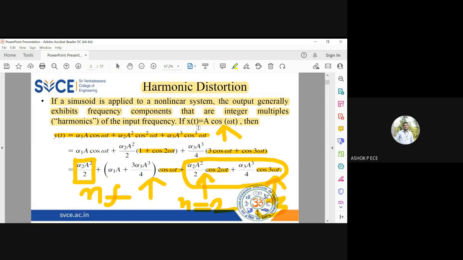The same example. If only my signal is there, the entire power will be available across the signal. But if I have the signal plus so many harmonic distortions, power is available across all these terms, which are considered unimportant or unwanted for my receiver. So these terms come under the name harmonic distortion.